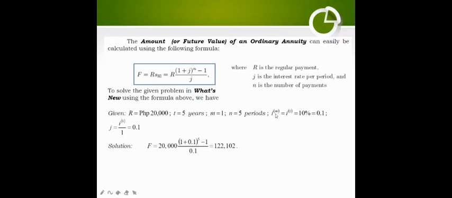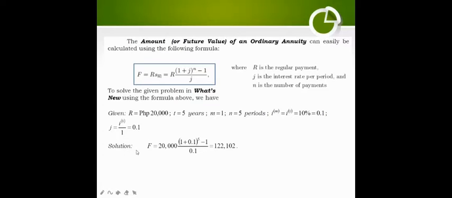And then i raised to m is i raised to 1, that is, the interest is 10%. And 10% is equivalent to 0.1 in decimal form. Our i now, or the interest rate per period, per year, is equivalent to 0.1 divided by 1, because we are yearly. That is still 0.1.